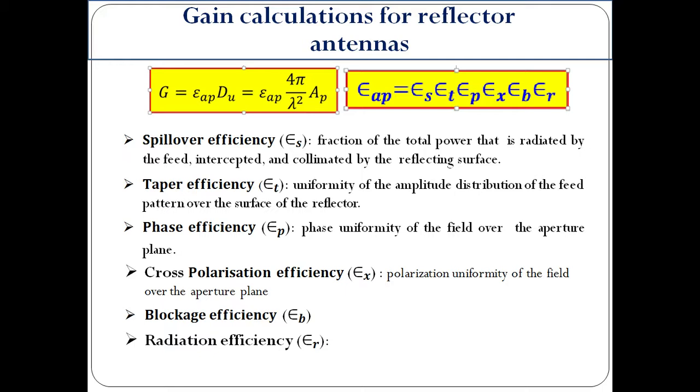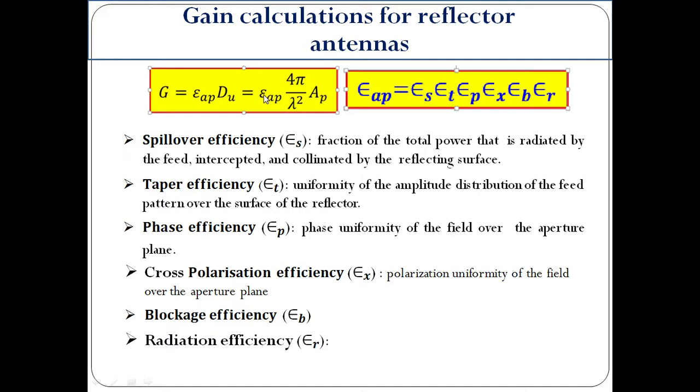The maximum available gain for an aperture antenna is G max, which is equal to D0, the maximum gain expected from the reflector antenna when the efficiency epsilon AP equals 1.